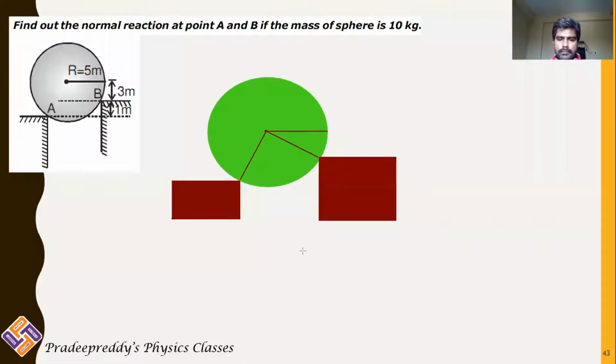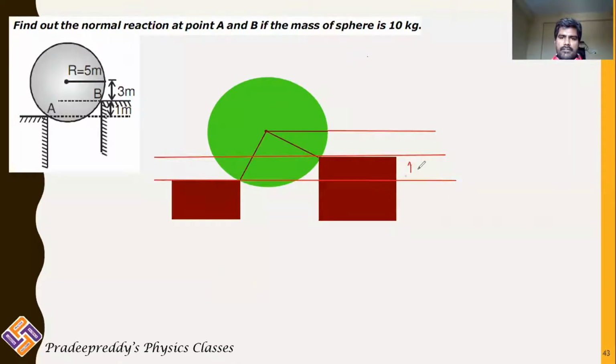Now one more, let me consider this point. This is one horizontal line which meets the block here, and this is one more horizontal line which meets this block, and this is one more x-axis. Now see the figure. In the figure itself you have got some data.